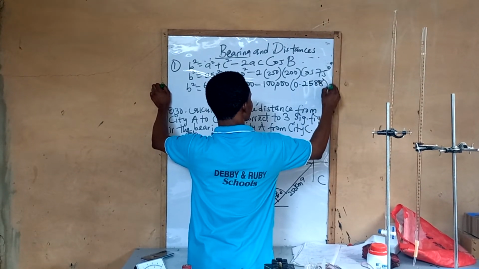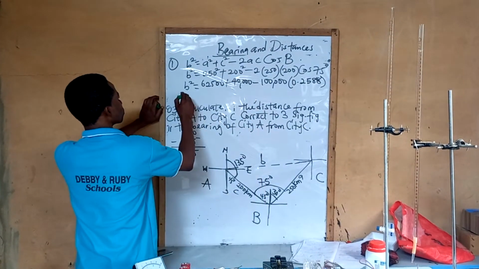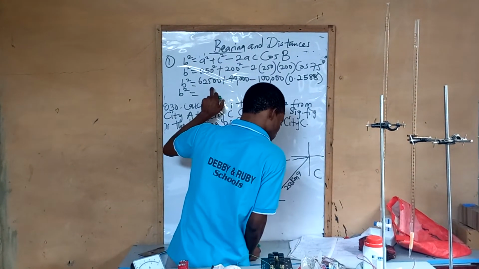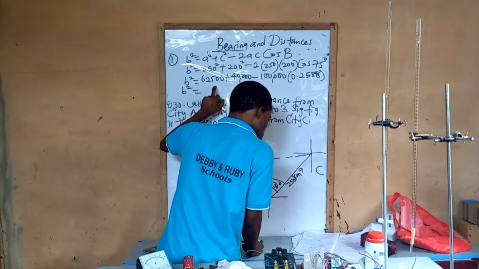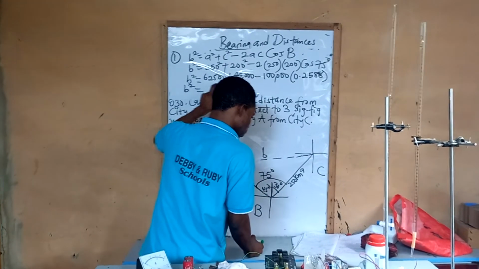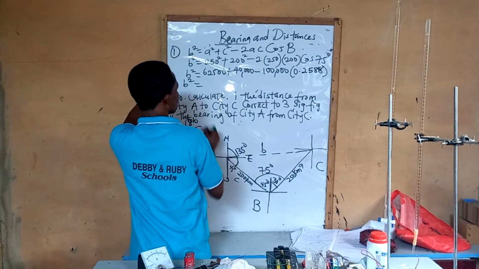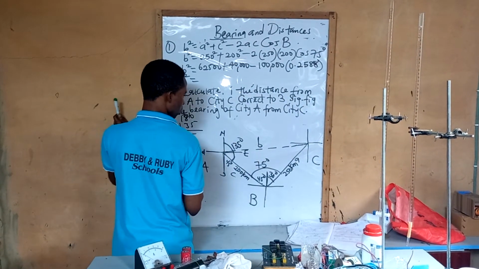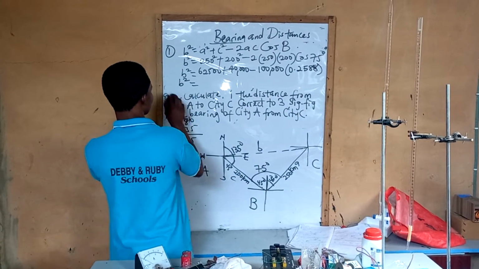So that shows that b squared, when you add the two together, gives us 102,500. Okay, let's do the addition.